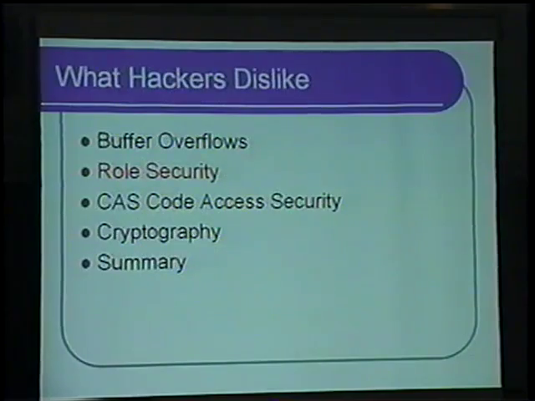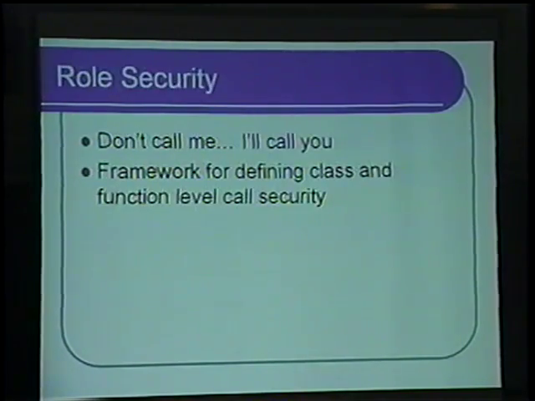So, role security. We could talk for about a million years on this. In .NET, in code, you have the ability to add role security to your functions, to your classes. You can say, I have this user that is authenticated.